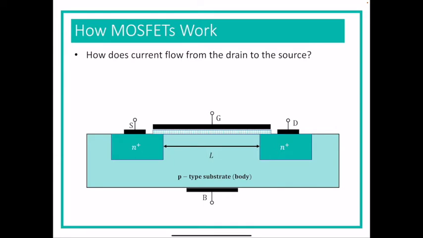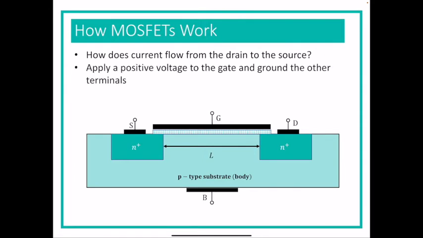So how do we get current from the drain to the source? Remember that in order to create some kind of charge flow or depletion region when we had the MOS connection, we had to apply a voltage to the gate of a certain type. So we apply a voltage to the gate, which is exactly what we did in the previous lectures, and then we ground the other terminals.